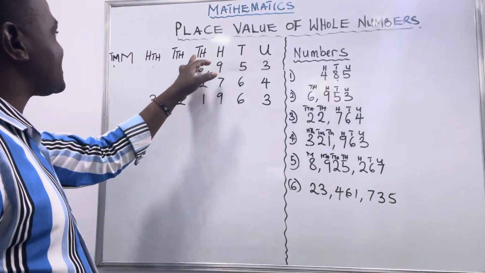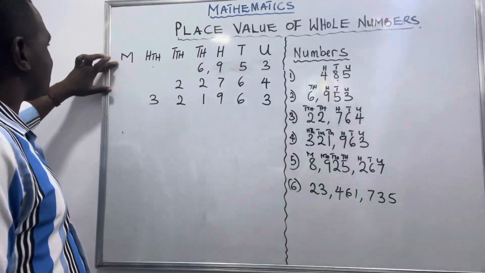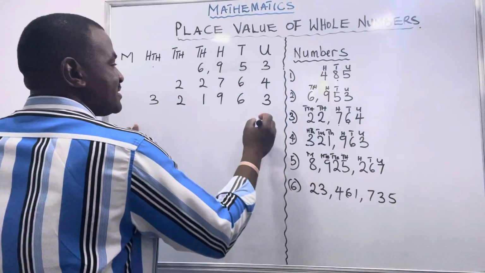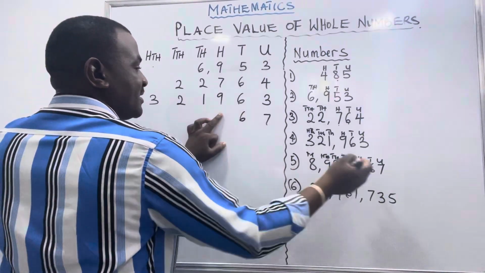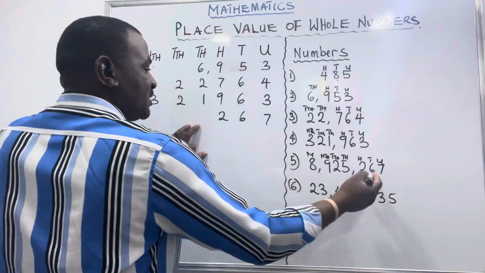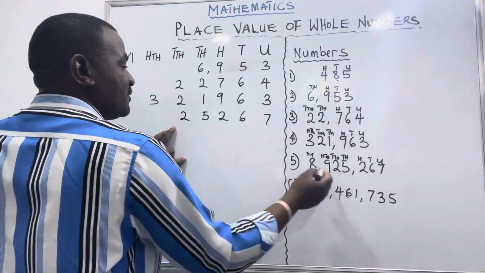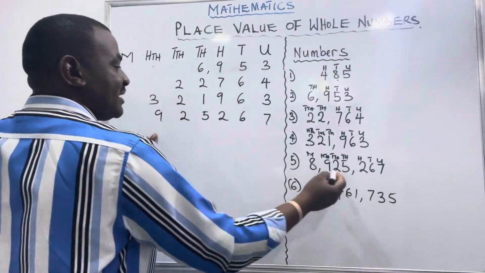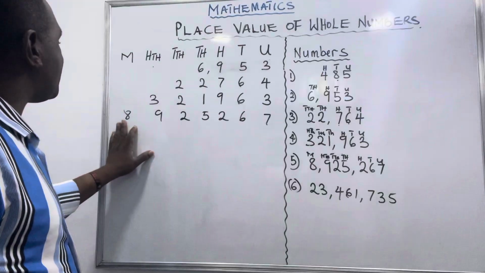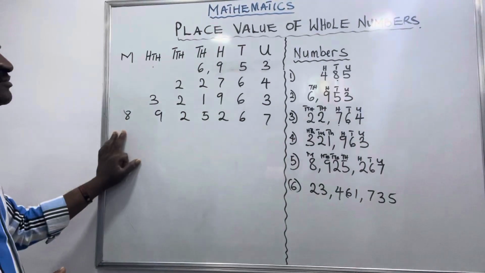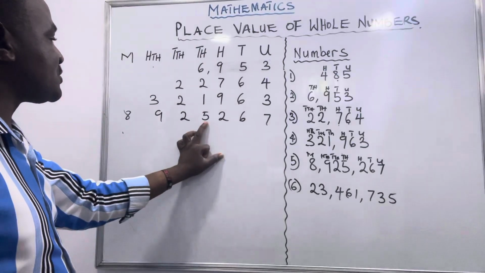Let's put it 7, followed by 6, followed by 2, followed by 5, followed by 2, followed by 9, and followed by 8. See, so the place value of 8 here is 8 million. The place value of 5 here is 5,000.